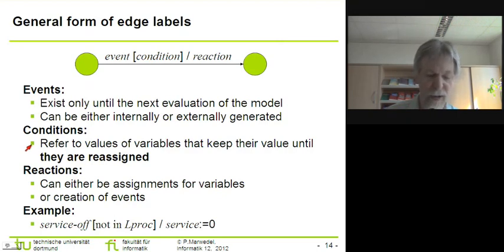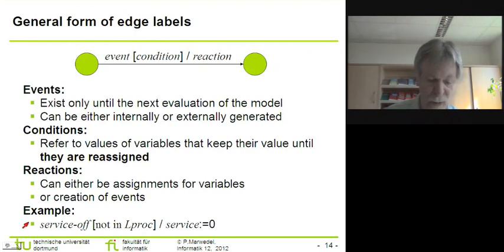Variables will keep their value until they are reassigned. So that means that in addition to these events, we also have variables at our disposal, and we can use them to keep track of certain values. And then the reaction part actually can be composed of two different things. We can either have assignments to variables, or we can create events.